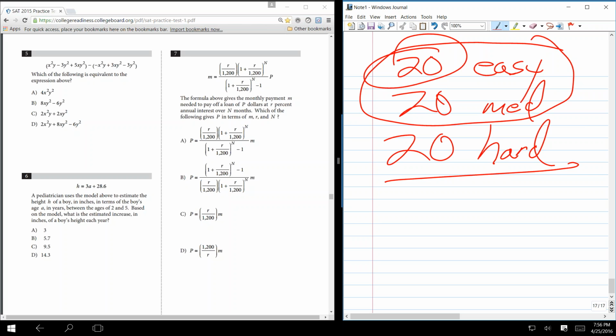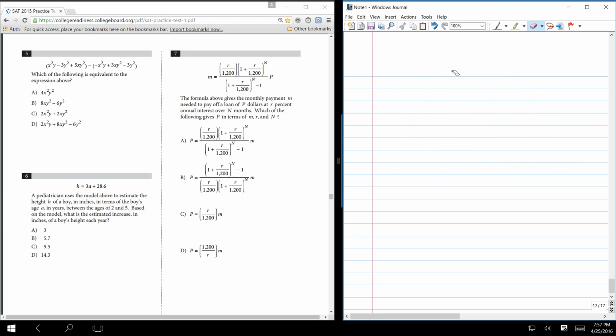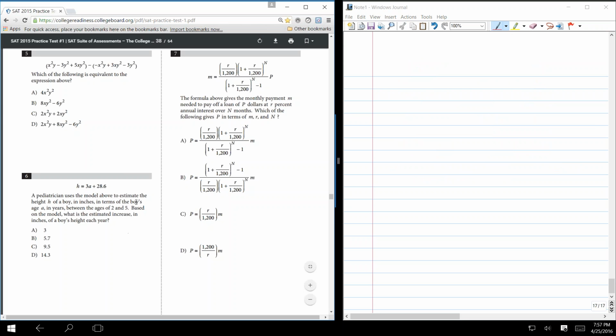I'm saying that about everybody. You just want to make sure that you give yourself a chance on these 40 and then do your best on these 20 and guess on the ones that you don't have any idea on. But planning the way you're going to take this test is important.